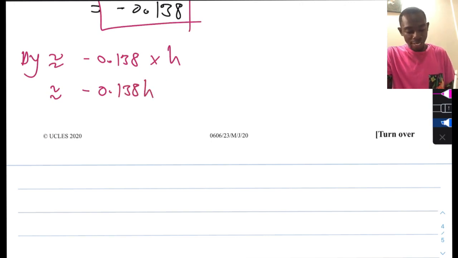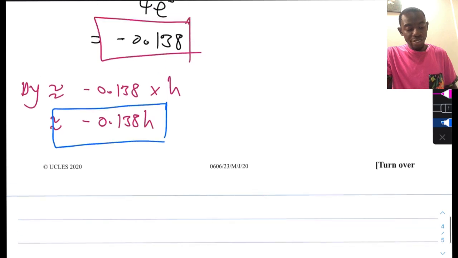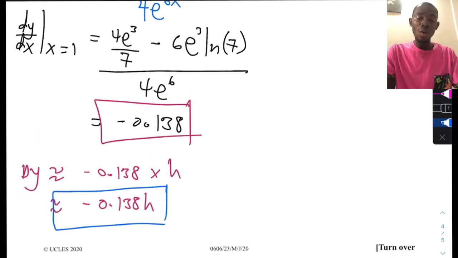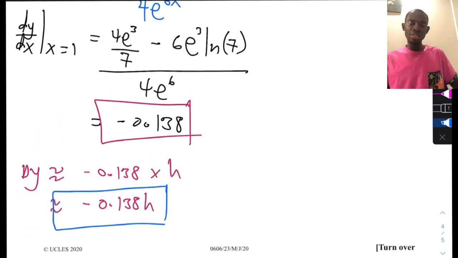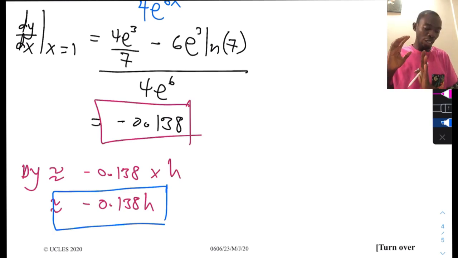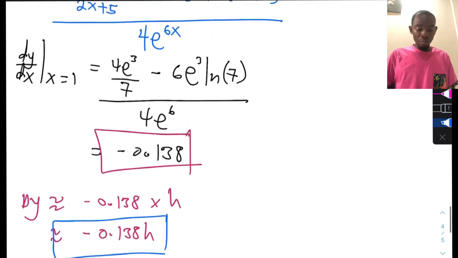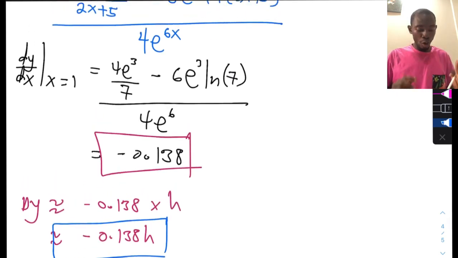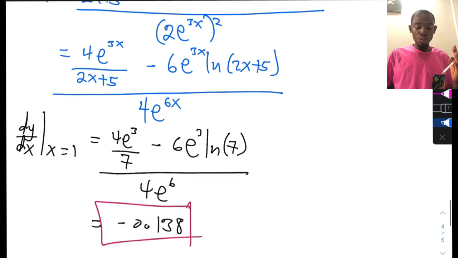What this means is that there is an inverse relationship between x and y. While x is increasing by a very small value called h, y is decreasing by 0.138 times that small change in the x component. So basically this is how we solve small change questions.